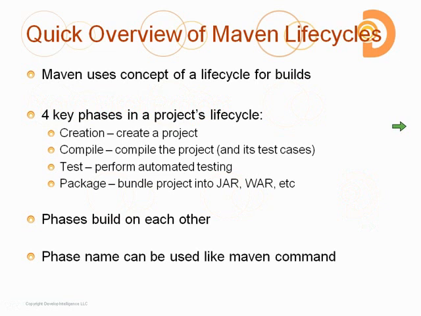There are a couple other ones that we'll get to a little bit later on, but they are more from a repository management perspective than they are a software build perspective. The other thing to recognize is that the project's lifecycle phases are dependent on each other.